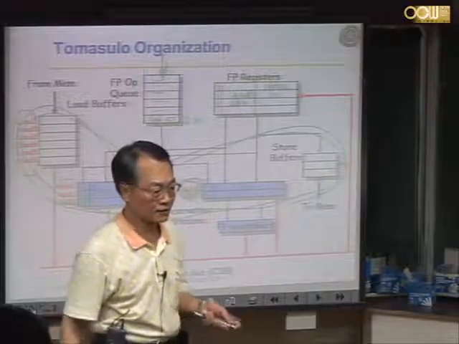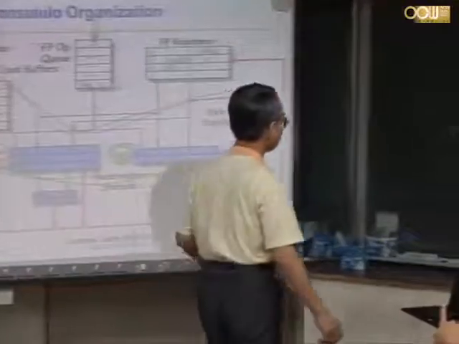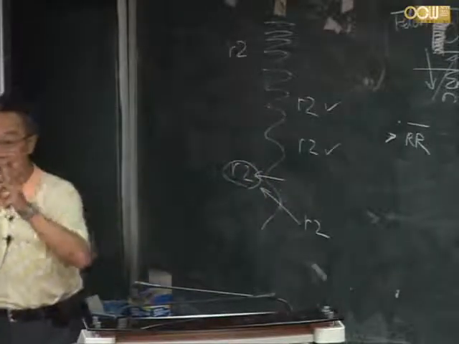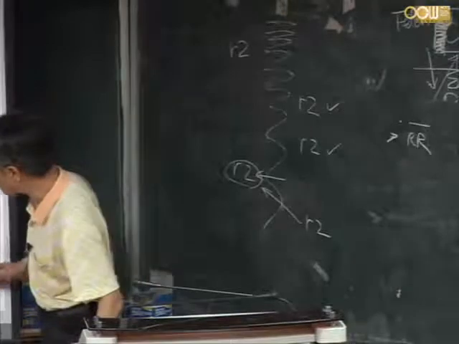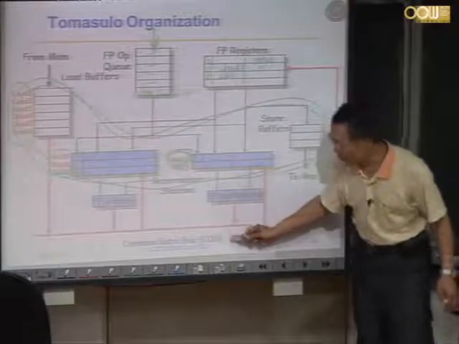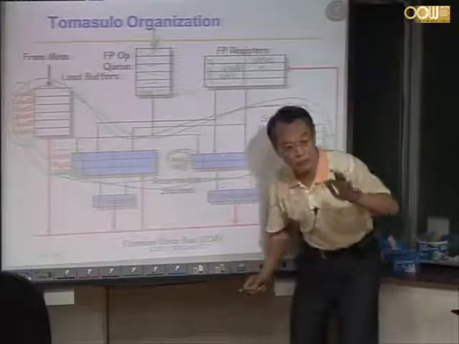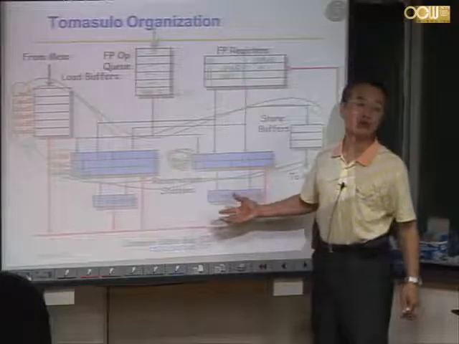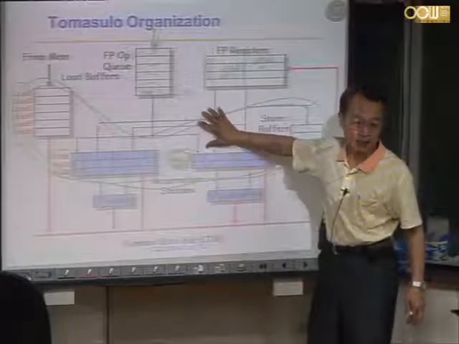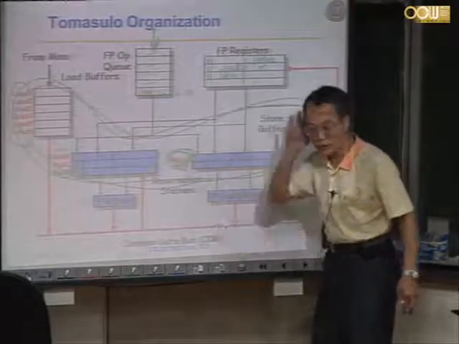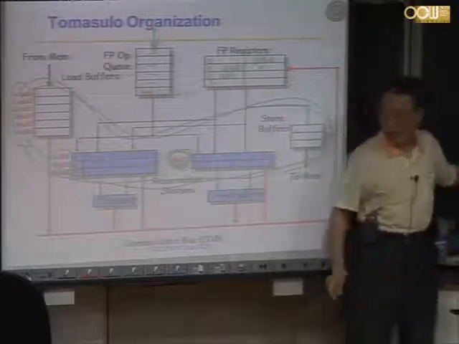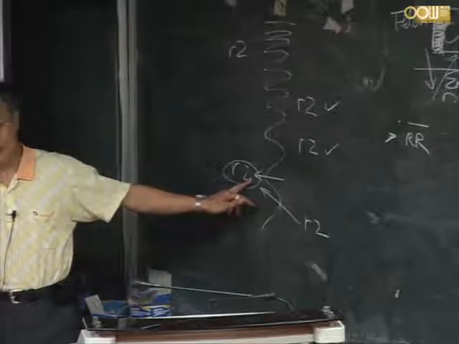Let's assume the first write was not completed yet. Okay, so when this completes, it uses a common data bus. The common data bus, the name actually means it can broadcast its results to anywhere in the chip, in the design. So everyone will hear its broadcast saying, I am, say, multiply 1.